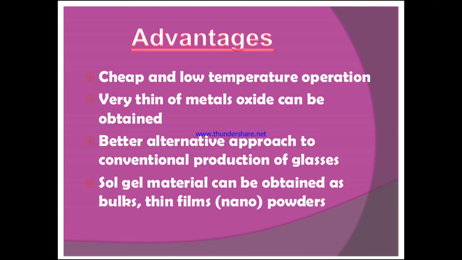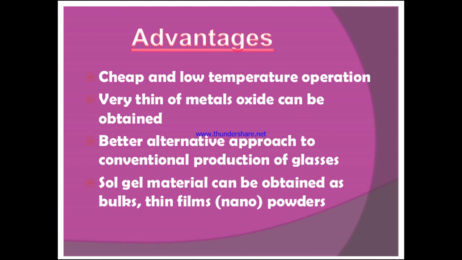So what are the advantages of this sol gel technique? It is cheap and has low temperature operation, very thin oxides of metals can be obtained, and it is a better alternative approach to conventional production of glasses.